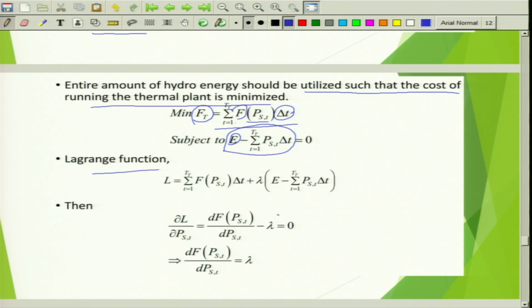Now what is the Lagrangian function? This is the fuel cost that needs to be minimized, the thermal fuel cost, and there is lambda into this constraint. This is a very simple procedure. So the partial differential of the Lagrangian equation with respect to the power generation gives a constant which is lambda.